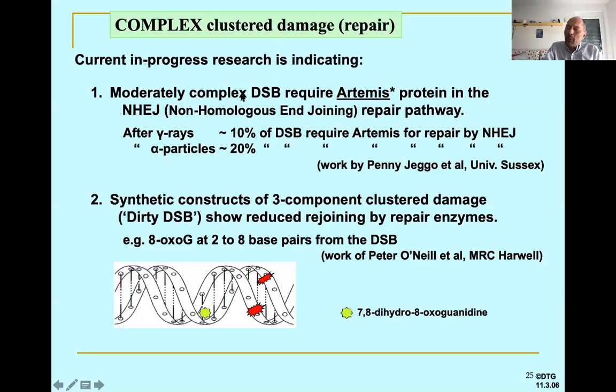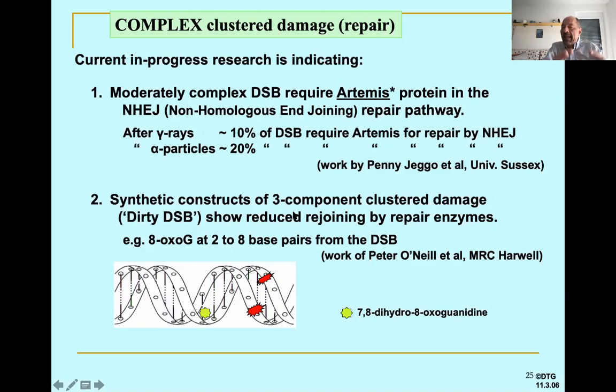If you have moderately complex double-strand breaks, then you need Artemis in the non-homologous end joining repair, and you find that approximately 10% of double-strand breaks require Artemis after gamma rays, and 20% after alpha particles.